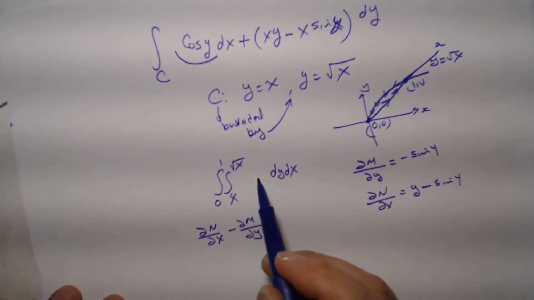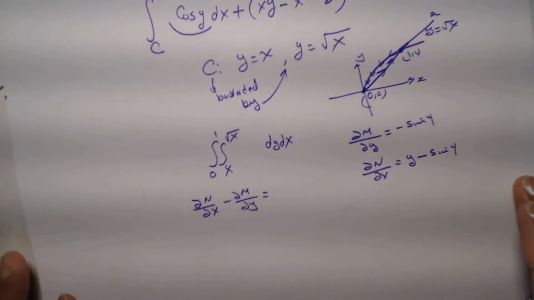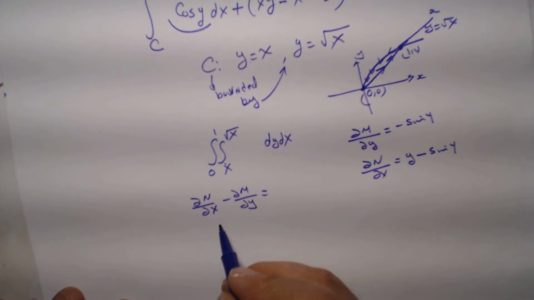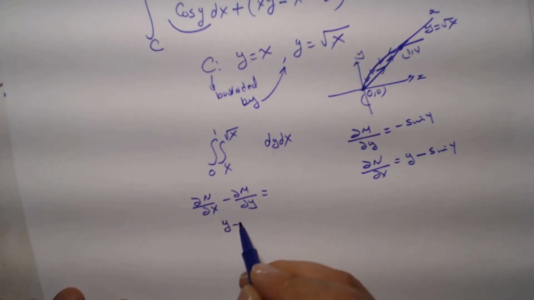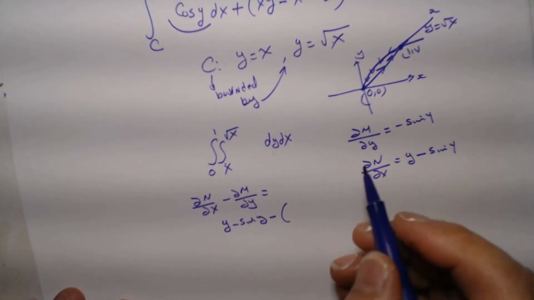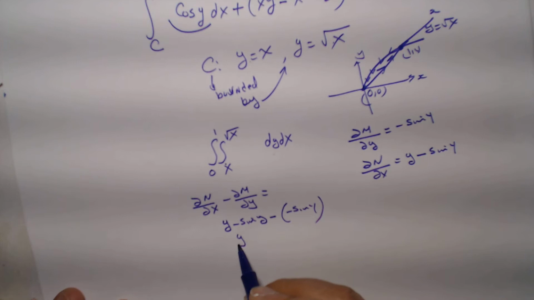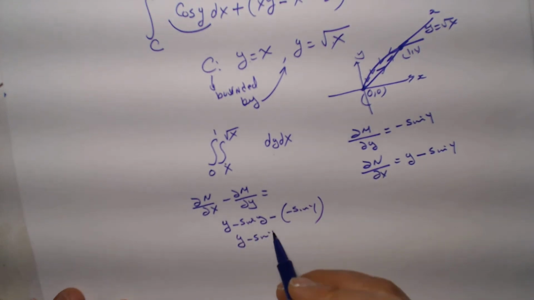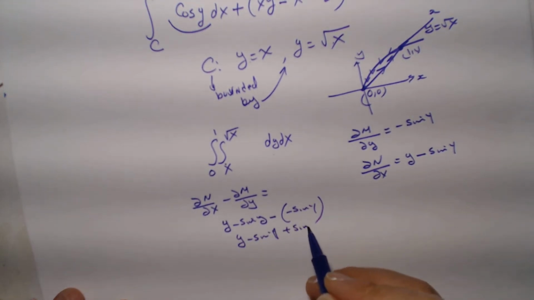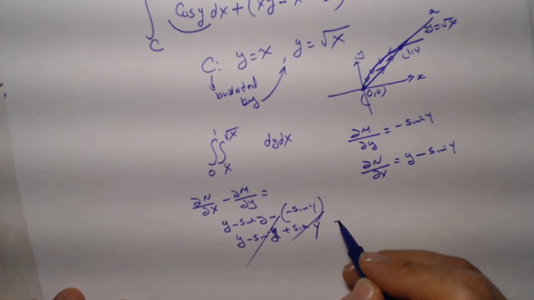Whatever that one is, I'm going to set it as an integrand and evaluate. With respect to N it is y minus sine of y minus, that one is a negative sine of y. Therefore, you have y minus sine of y plus sine of y. Your answer is y.